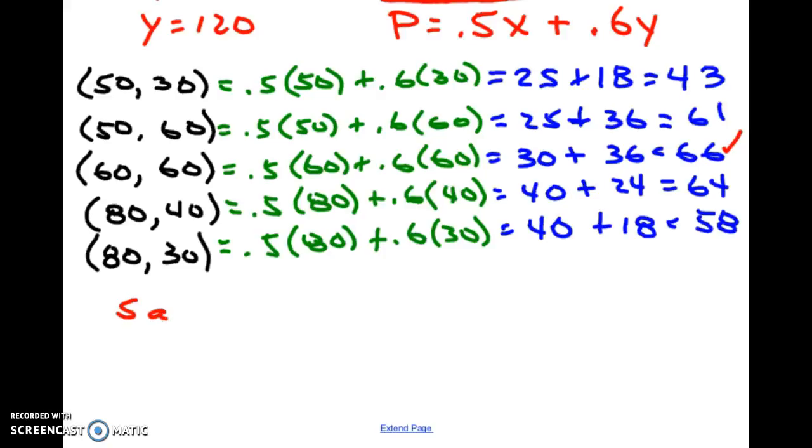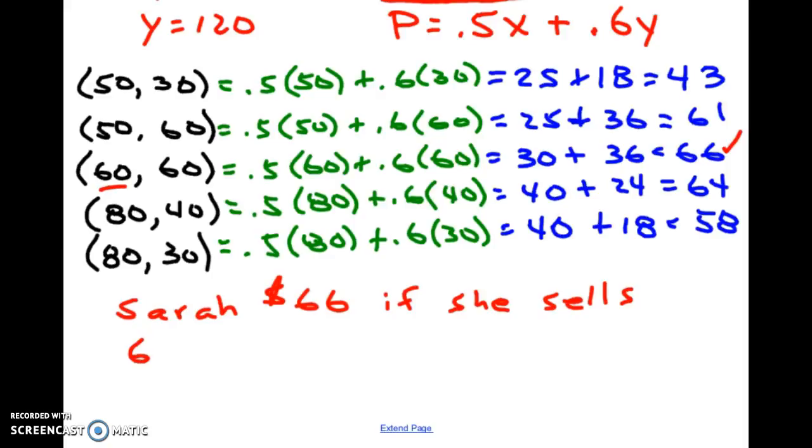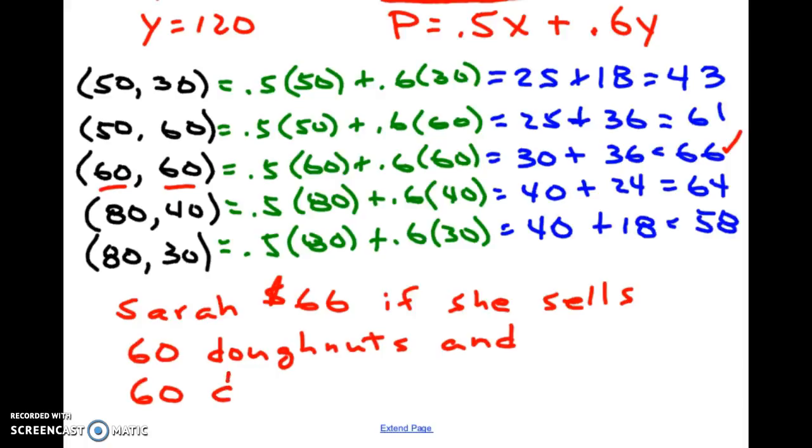So if we write it out, it makes $66 if she sells, all right, so the X was the 60, 60 donuts, and there we go, 60 Danish. Hope that gets you through this problem. Good luck on your test.